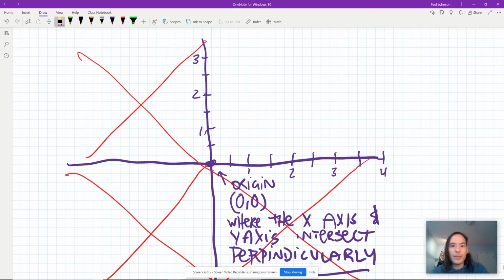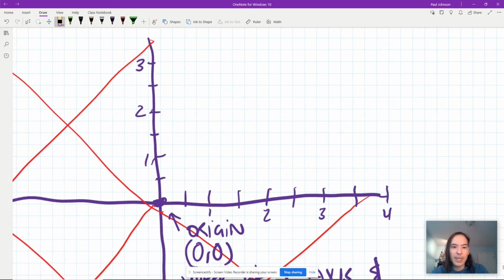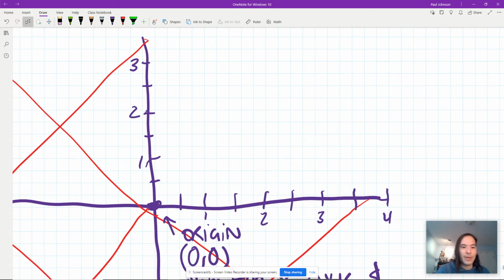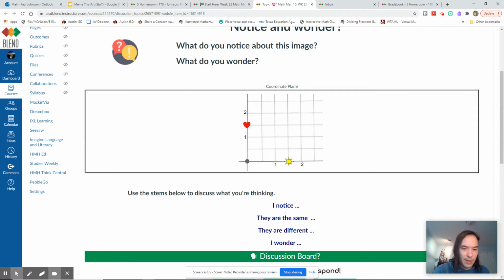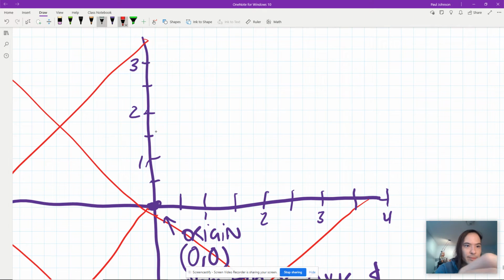Okay, so what we're looking at, once again, is quadrant 1 of the graph. And as you can see, each step looks like a half, because if this is halfway between 0 and 1, that has to be half. If this is halfway between 1 and 2, that has to be 1 and a half. All right, now let's see what symbols they drew. A sun on 1 and a half.